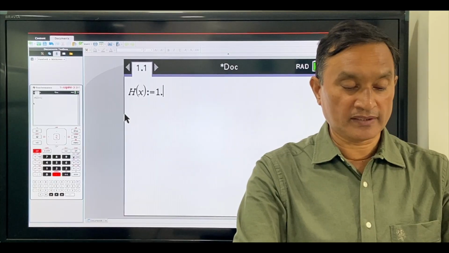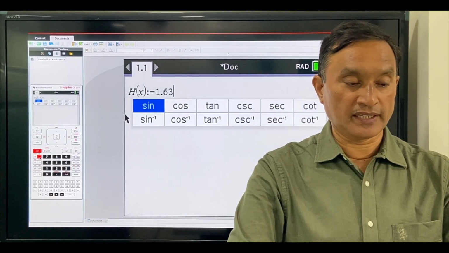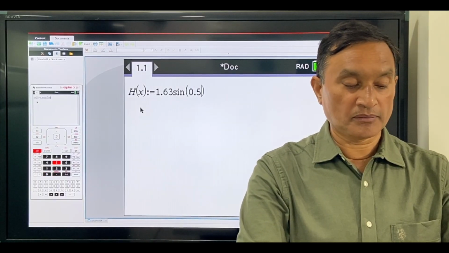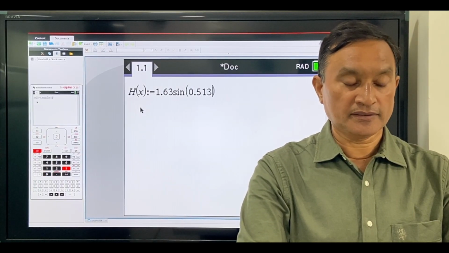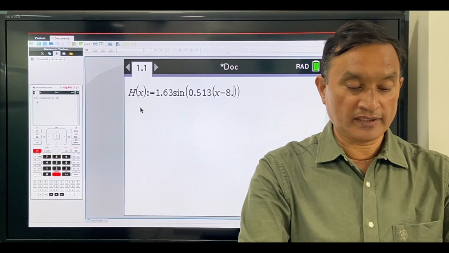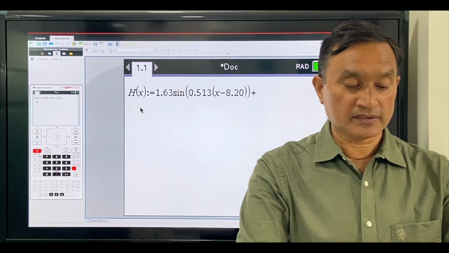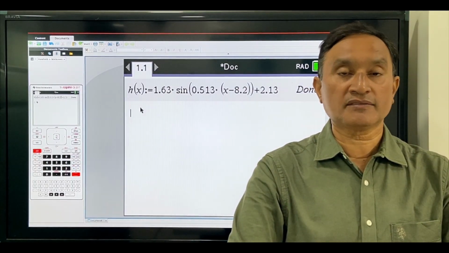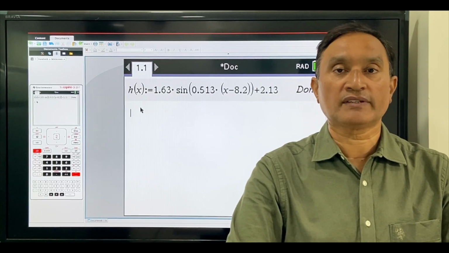So 1.63 sin(0.513(x - 8.0)) + 2.13. So your entire function is stored in h of x.